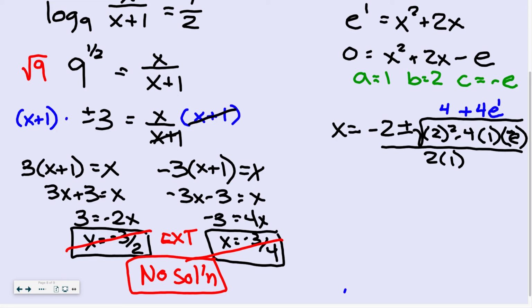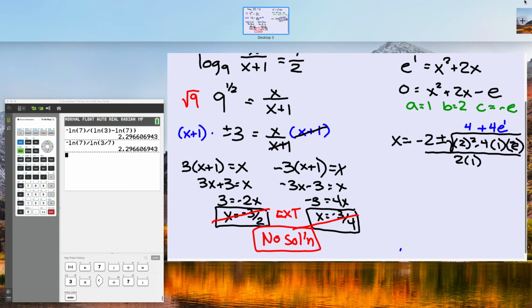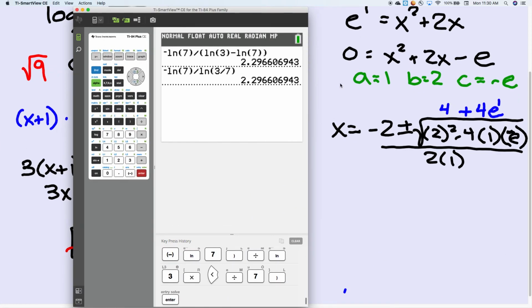If I want to do all of this in my calculator at once, I have to be really careful with my numerator because I have things that are being added or subtracted, right? So in the calculator, that means I need a group of parentheses. Okay, so I'm going to start my calculator, parentheses. And then I'm going to do negative 2 plus, there's no plus or minus button, so you have to do them separately.